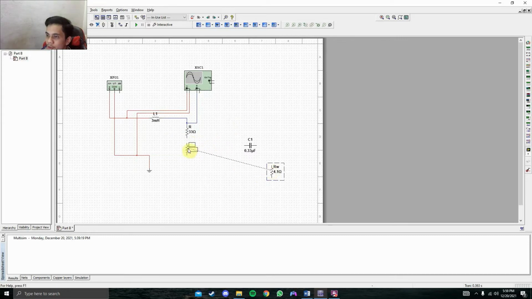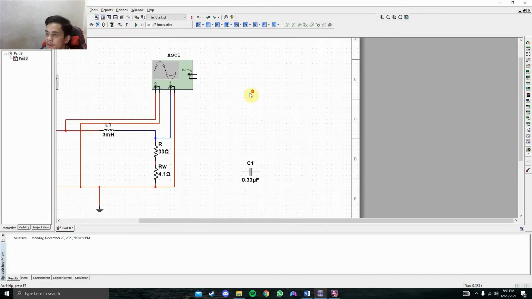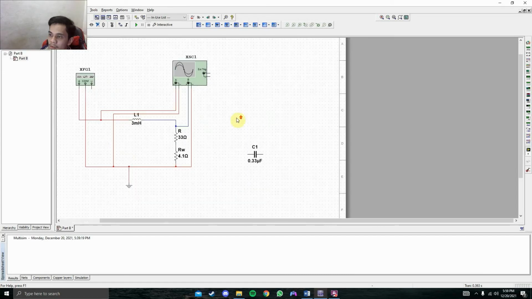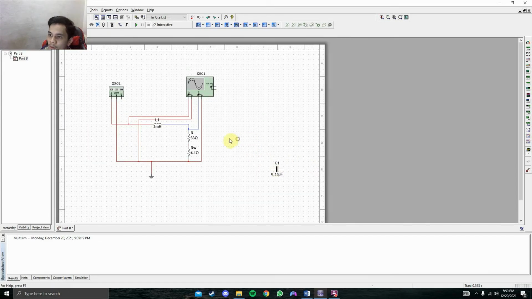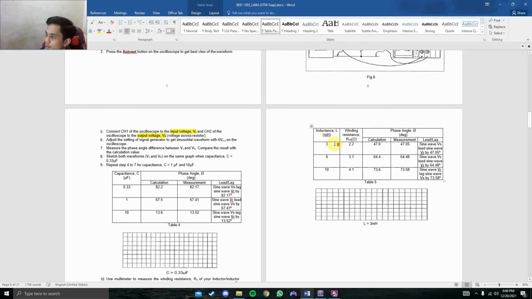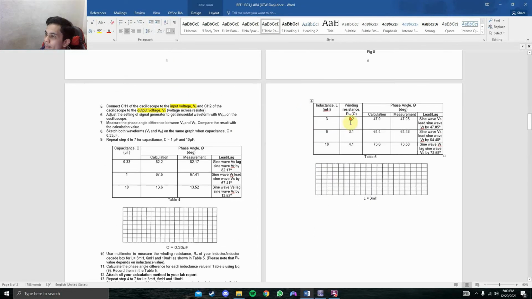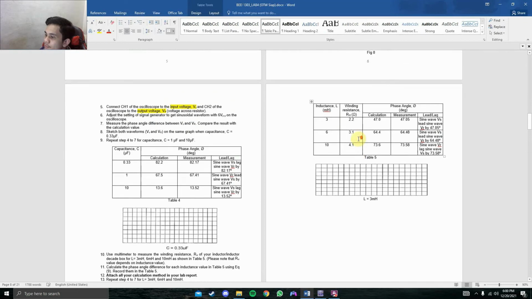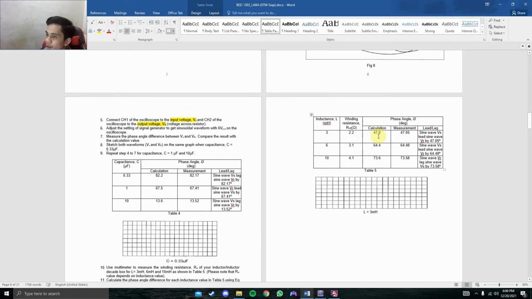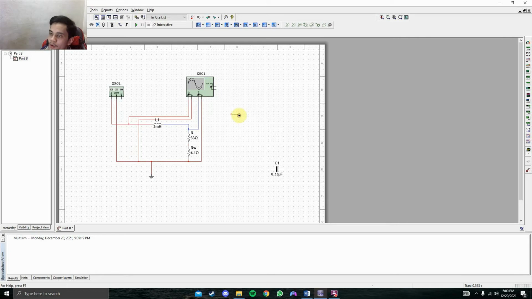And then put the R winding in series with the resistor. And the circuit will be like this for table 5. So we do the 3 millihenry. Okay, here. Then we do the same steps as for the capacitance.